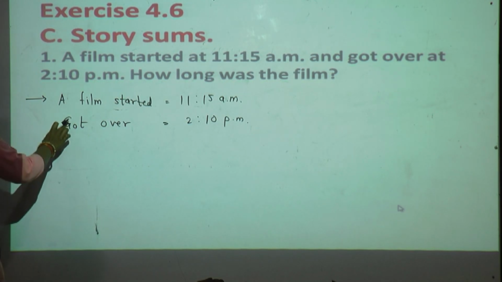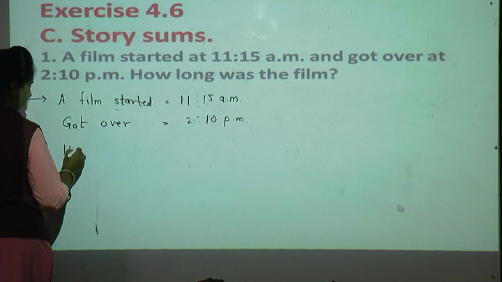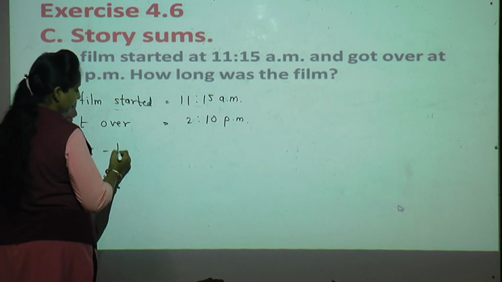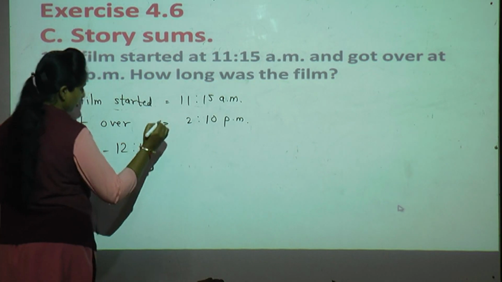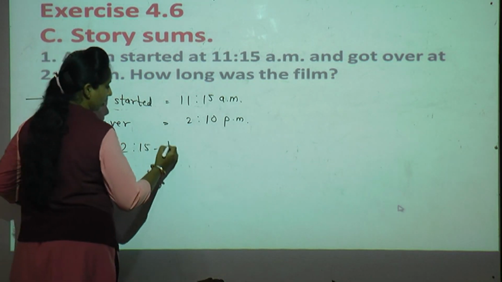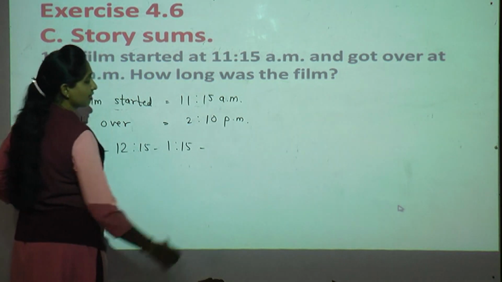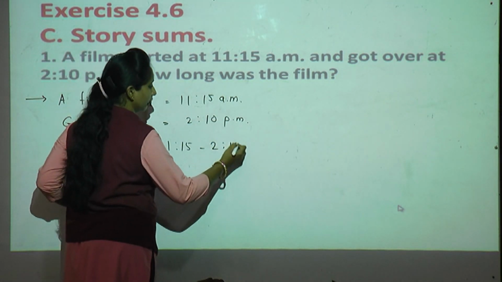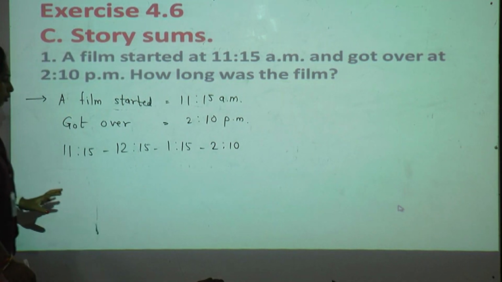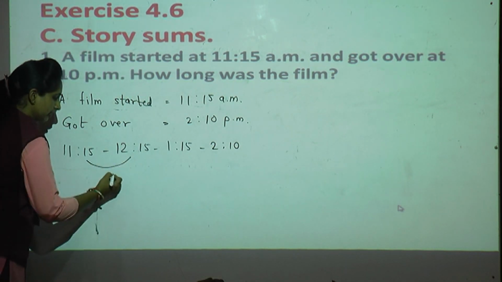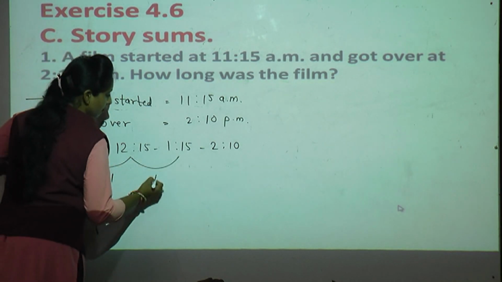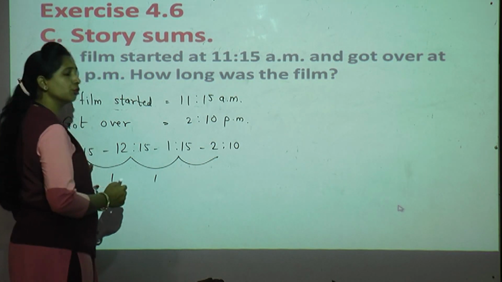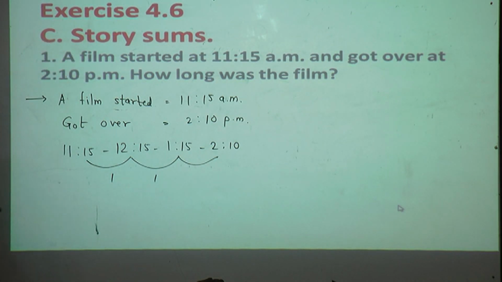Okay, so start writing from 11:15 AM, then 12:15, the next 1:15, the next 2:15 should come, but here it ends at 2:10 only. Okay, so here we can calculate: here 1 hour, here 1 hour, and then 1:15 to 2 o'clock. How much is it?